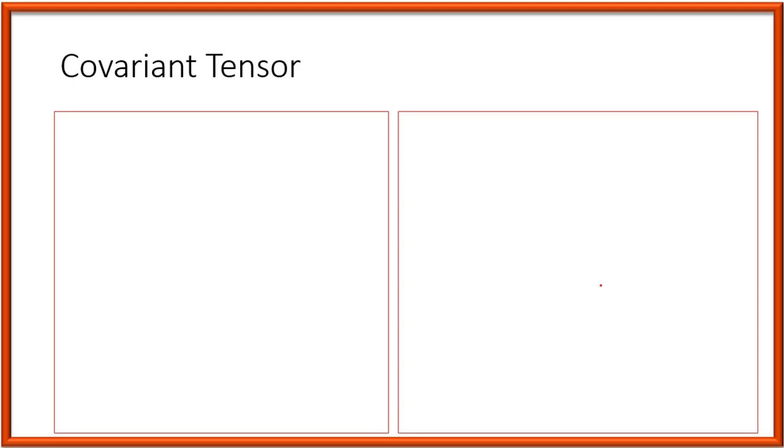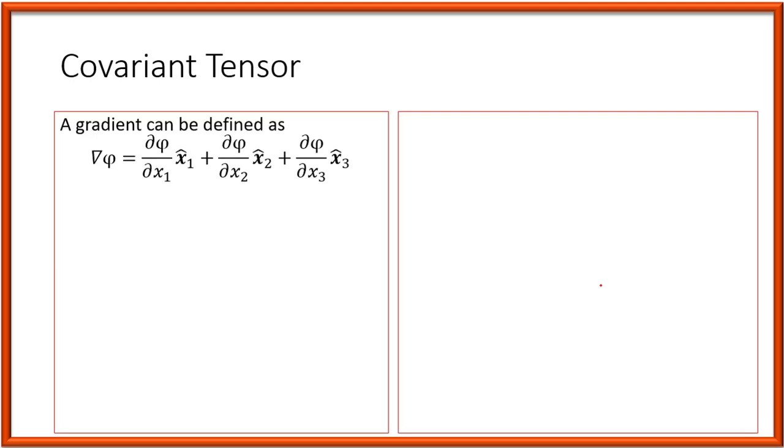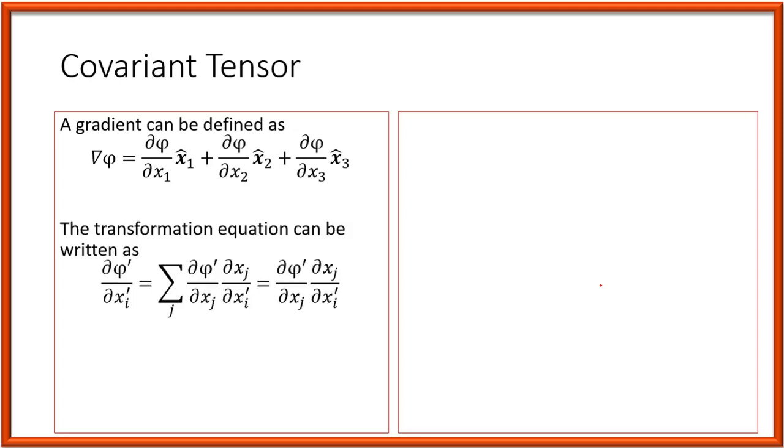So, in the same manner, let us define how the transformation occurs for a covariant vector. We have already said that gradient is covariant. Gradient transforms covariantly. So let us take the gradient of a scalar field phi.